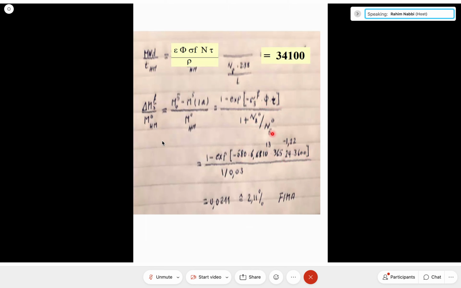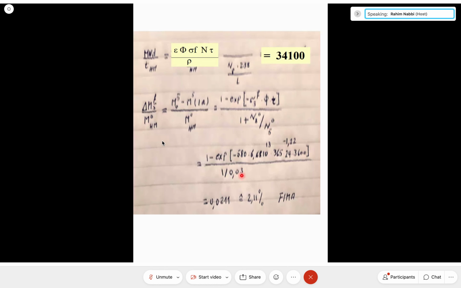And here are the numbers, number density uranium-238 divided by number density at initial condition, number density uranium-235. And we know this value, if you write N5 plus N8 divided by N5, it would be 1 over only 0.03. I should emphasize here, this 0.03 is for enriched uranium, that means 3%.